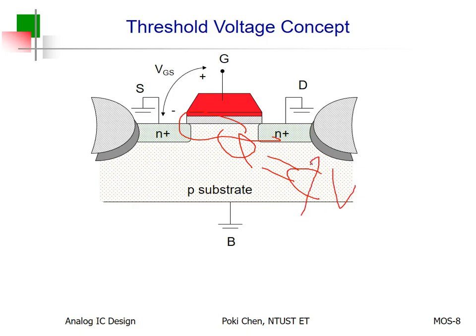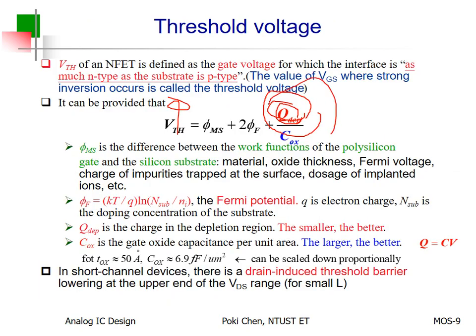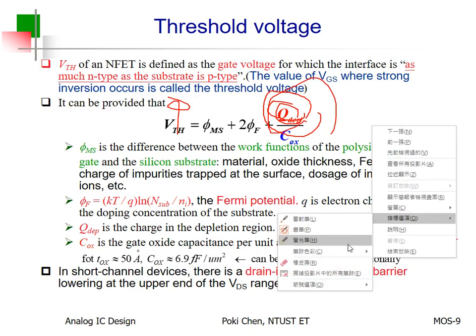The more capacitance, because Q is fixed, it means the less voltage you need to apply. Bingo, that's it. So, the more C oxide, the less threshold voltage. That's it. I helped you explain the most important term in this equation.